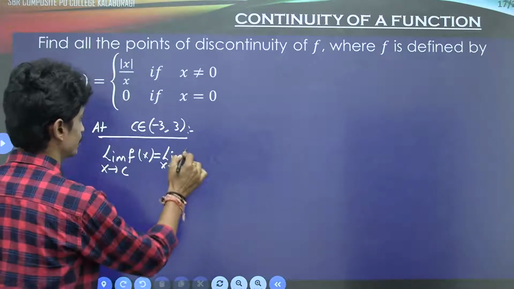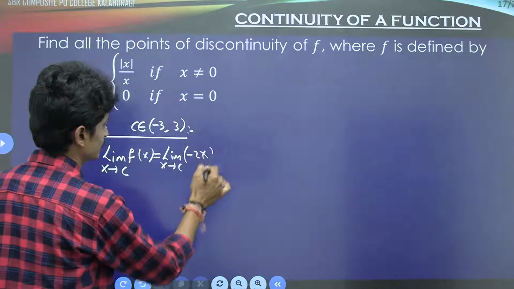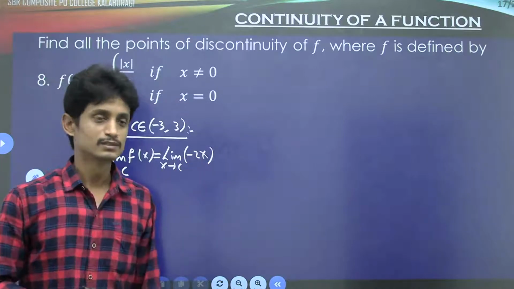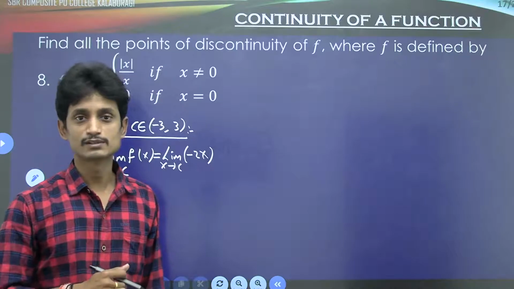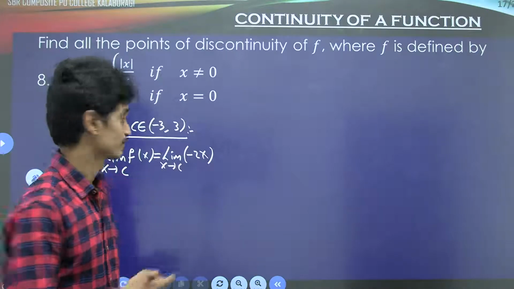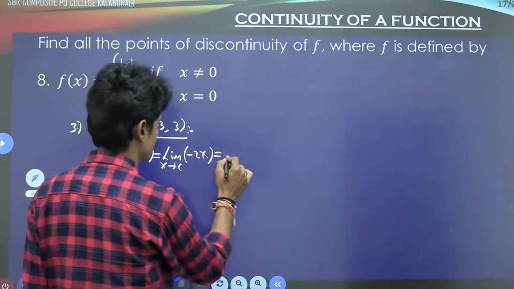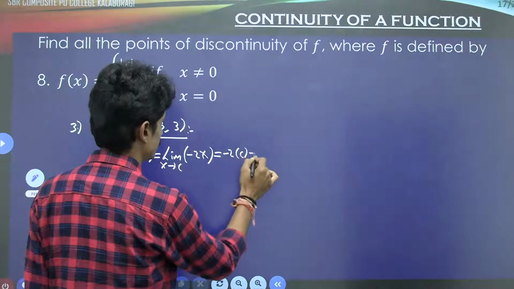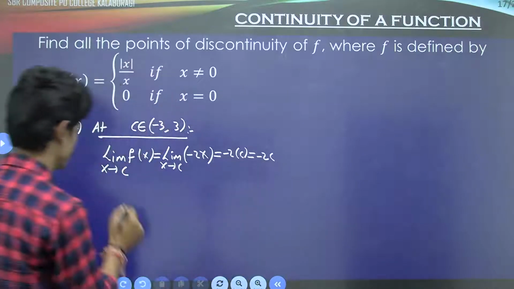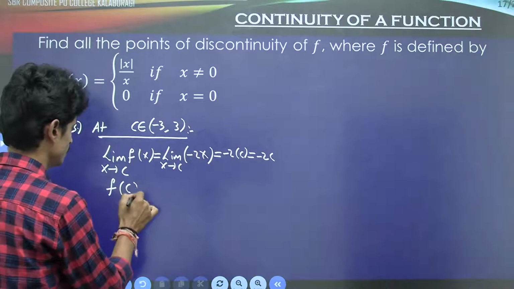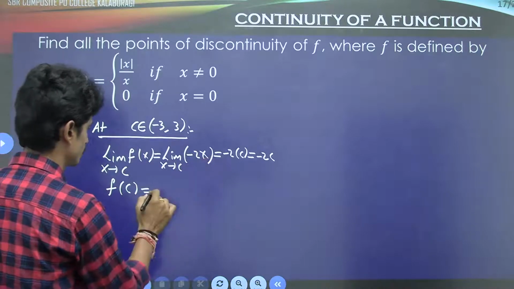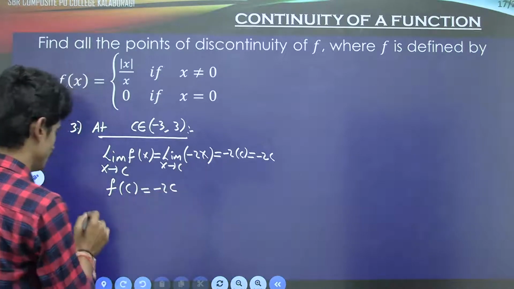So we can write minus 2x. Dear student, it is a polynomial. This function's domain will be the set of all real numbers. It is a continuous function, so directly we can substitute. Minus 2 into c is equal to minus 2c. In the same sense, if we directly substitute, we will also get the same value.